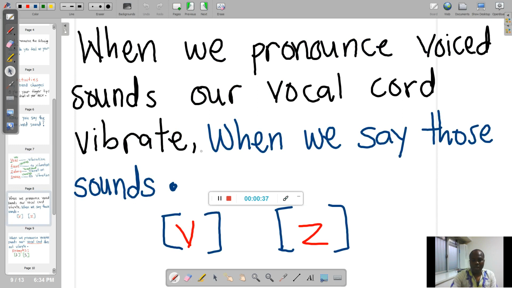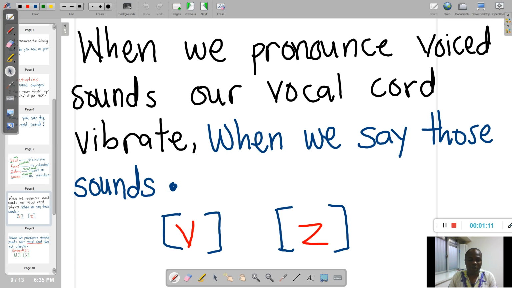So now we are saying that when we pronounce voice sounds, our vocal cords vibrate. That is why the name is voice sound. Whenever you pronounce any letter under voice sound, our vocal cords move, shake, vibrate. For example, the sound V makes the sound v, v, v.